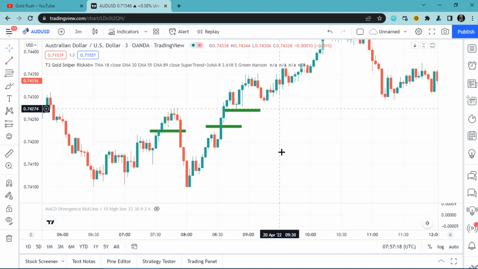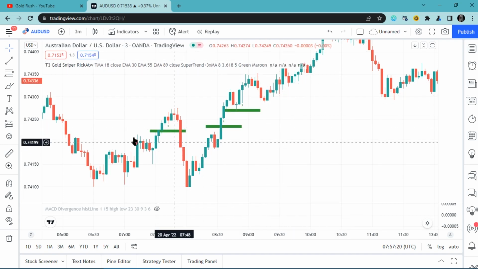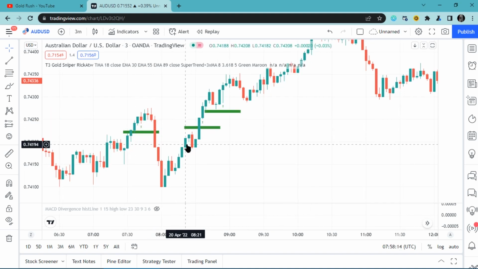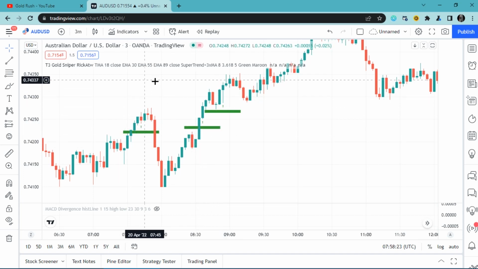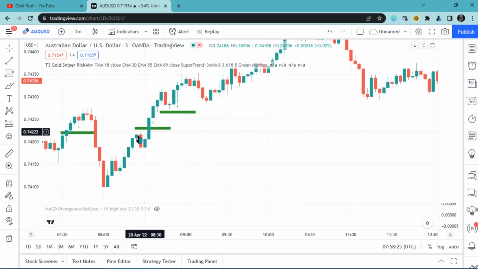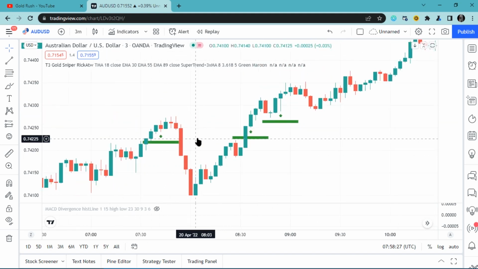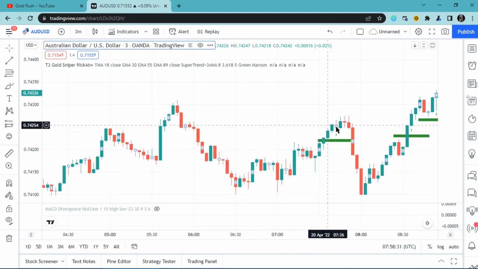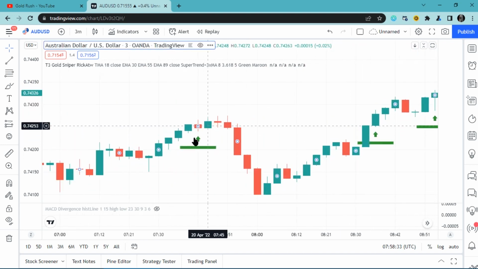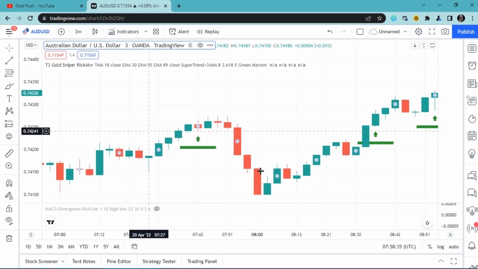This is the golden sniper indicator. From this green line, you see it's where you place your stop loss, just below the green line, but we're going to get there. This is an arrow indicating buy.